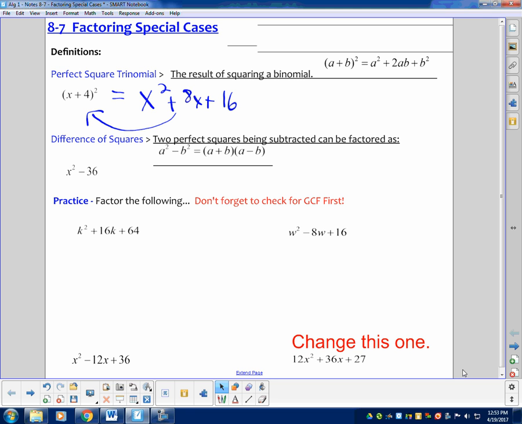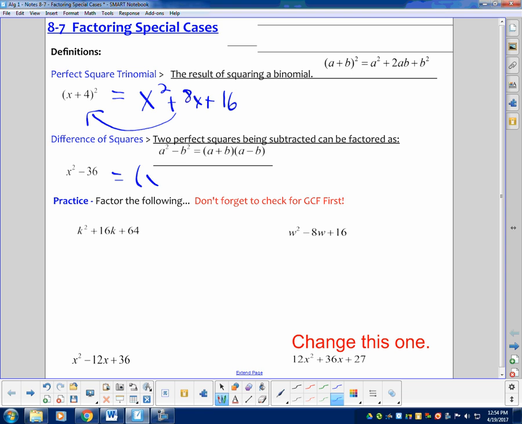If I say squaring, are you thinking square root? Yes. So I am square rooting each of these terms. What's the square root of x to the second? Just x.